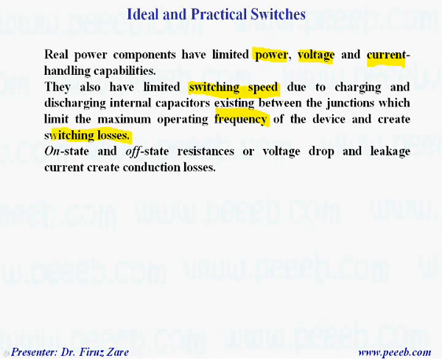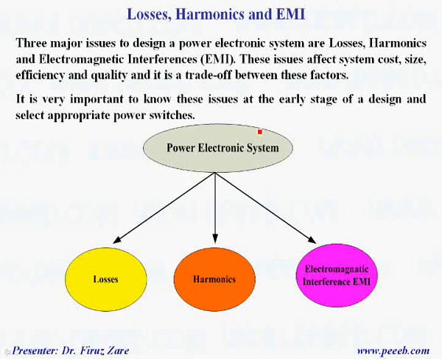Also, we have to notice that on-state and off-state resistance or voltage drop and leakage current create conduction losses. So when we design a power electronic circuit, we have to calculate the total loss associated with switching and conduction losses.